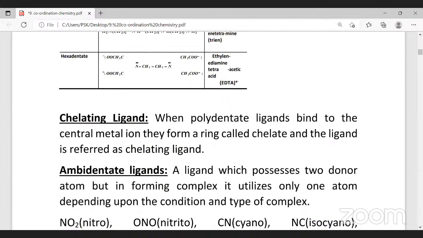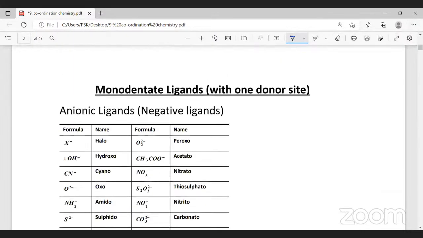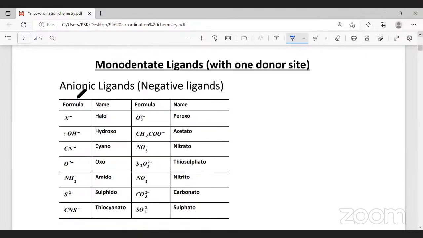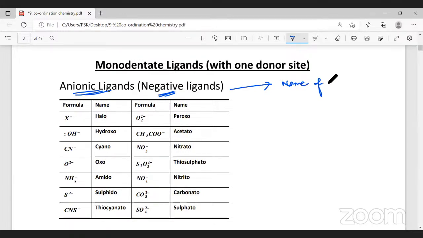Now, just see here, monodentate anionic ligands. These anionic ligands are otherwise called negative ligands. For any negative ligand, the name of the ligand has to end with O.